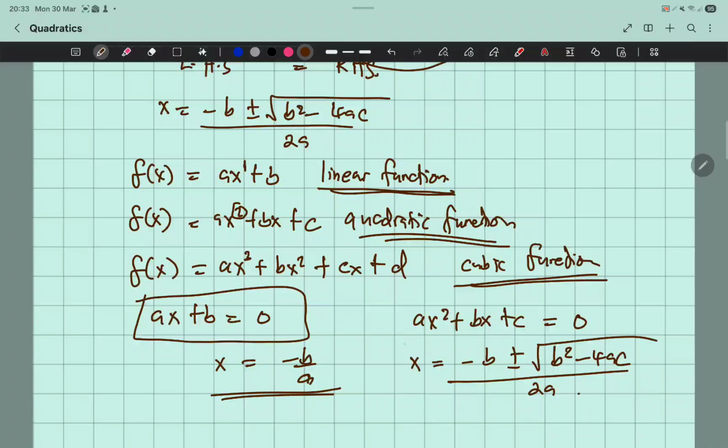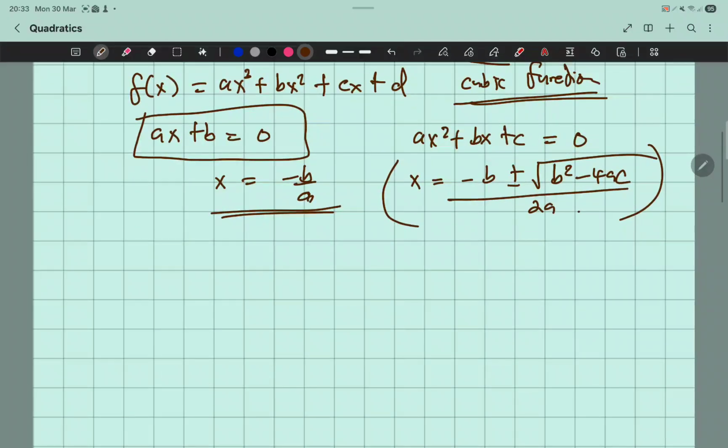So this formula can solve any quadratic, besides factorization. If factorization fails, or you are wasting time in an exam situation trying to factorize, you can simply use the quadratic formula to solve for the values of x.